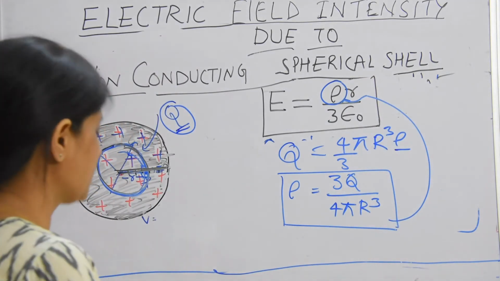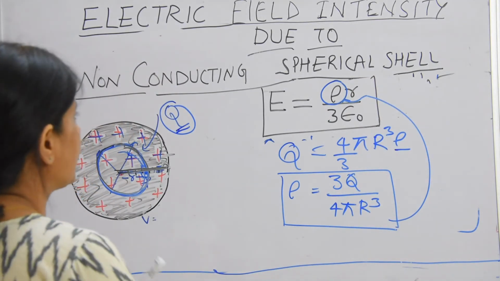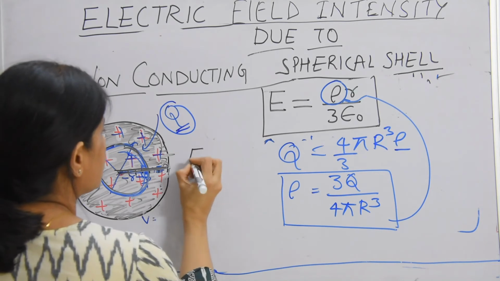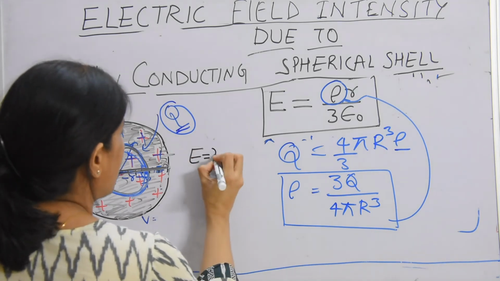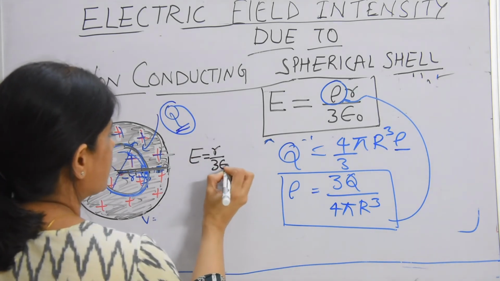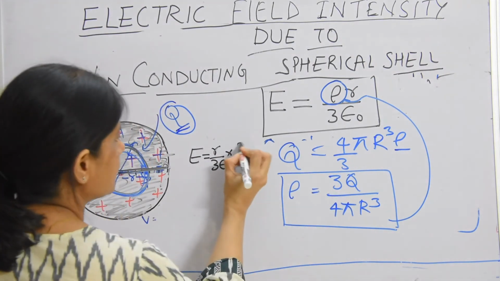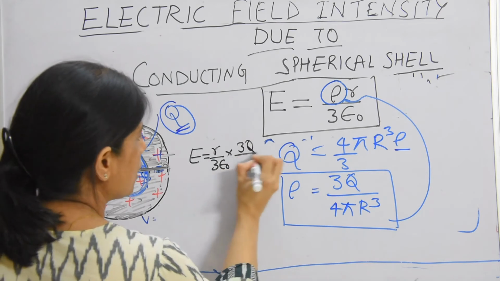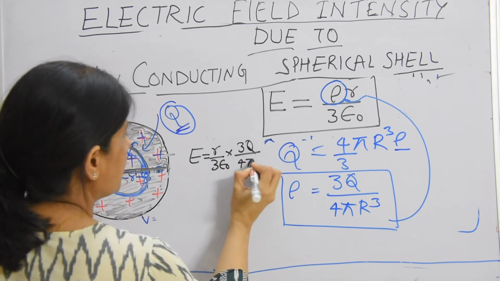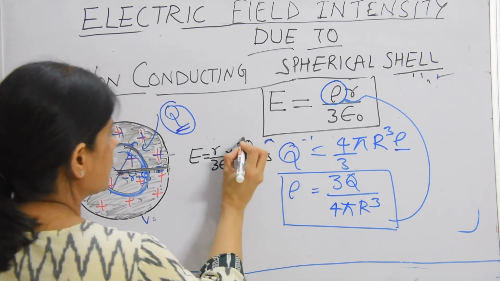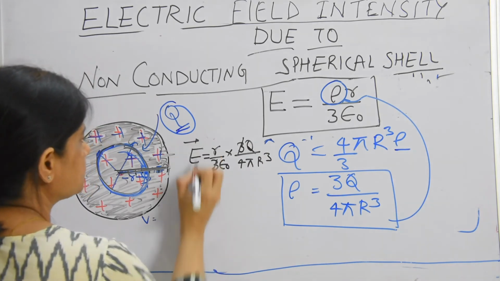Now keeping this value, what result will we get? E is equal to r upon 3 epsilon naught, and in place of rho I would write 3Q upon 4 pi r cube. 3 and 3 cancel.